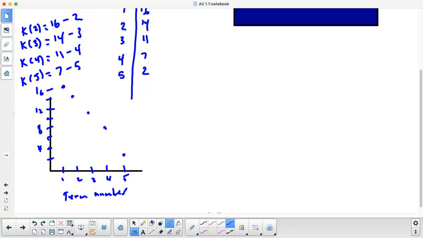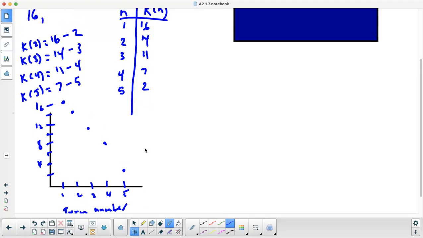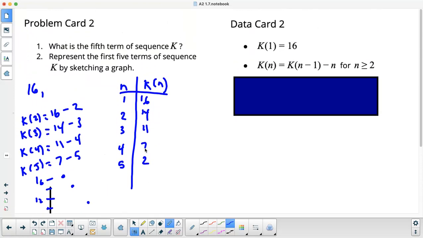Not really a line, not really a growth or decay function, kind of like a weird shape because it's not geometric and it's not arithmetic. So it's not going to be a perfect line, and it's not going to be one of those growth shapes that we've had before. So it's neither a line nor growth, okay?